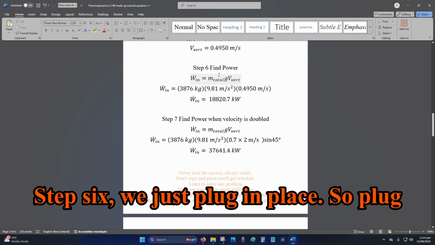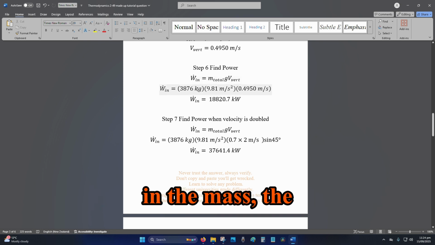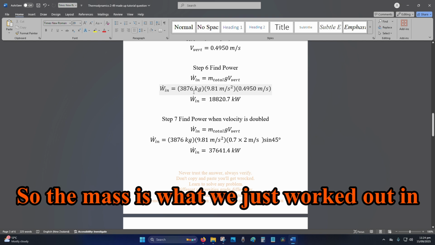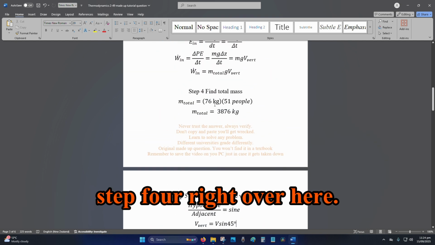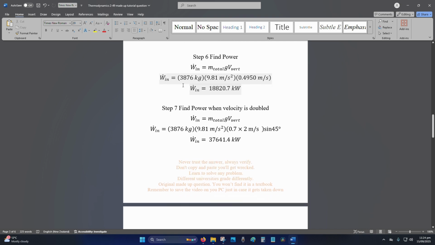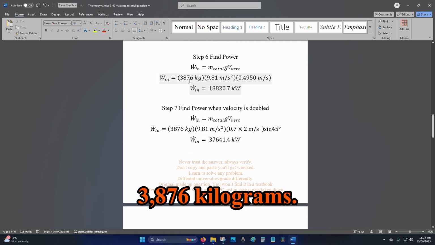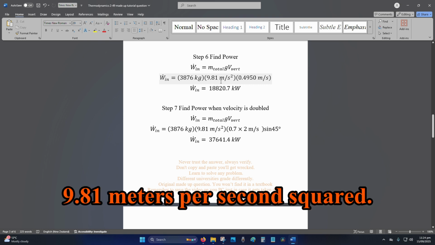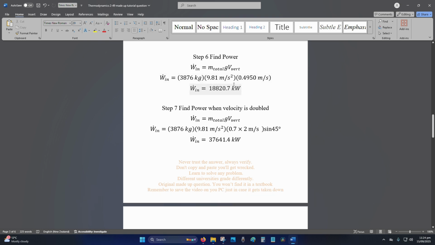Step 6, we just plug and play. So plug in the mass, the gravity, and the velocity. So the mass is what we just worked out in step 4, right over here. So that's our 3,876 kilograms. We assume gravity to be 9.81 meters per second squared.